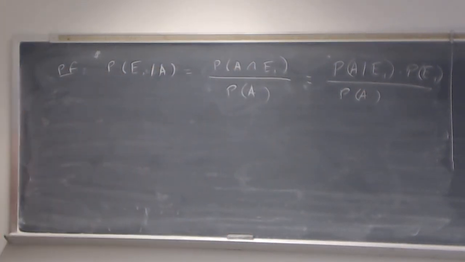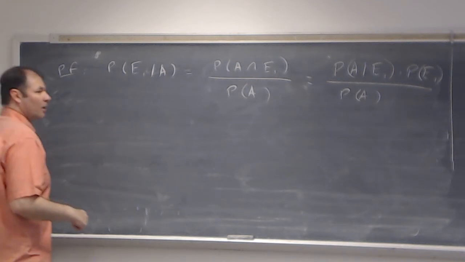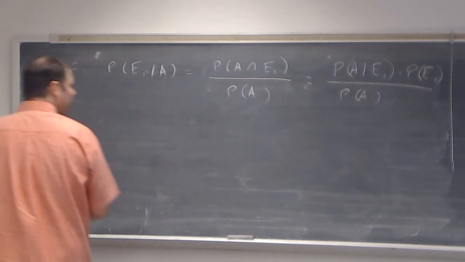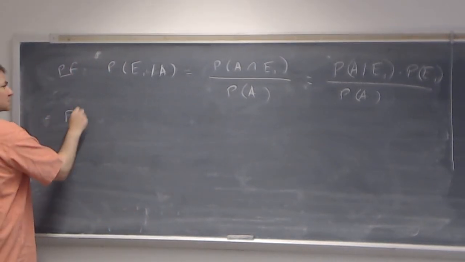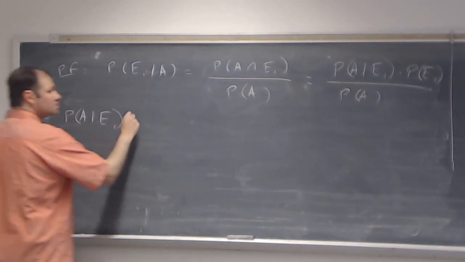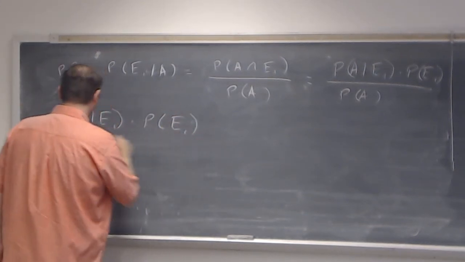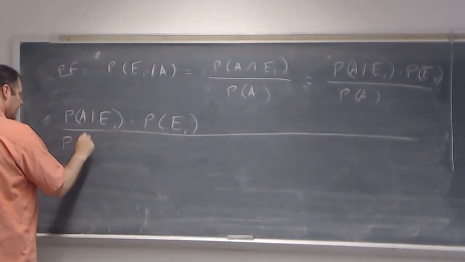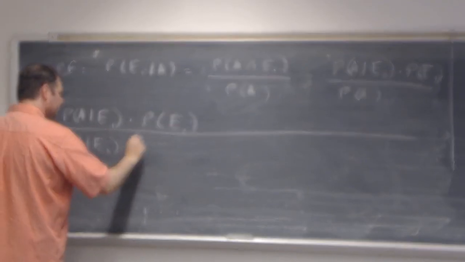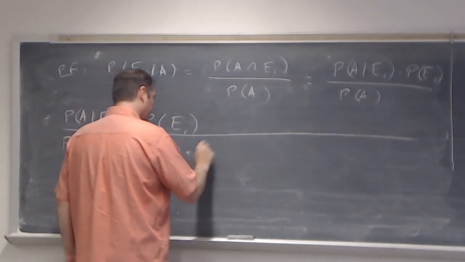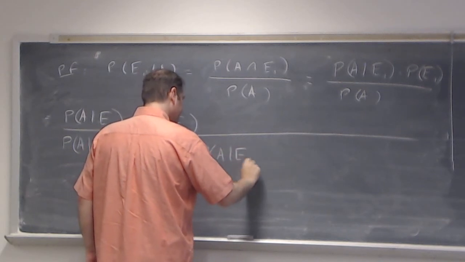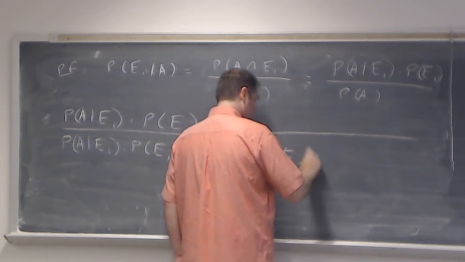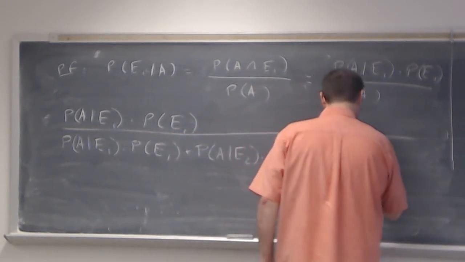But because the E1 through En are mutually exclusive and exhaustive sets, we can use the total law of probability for the probability of A. And so this is equal to the probability, the top stays the same, all over what the bottom becomes, by what we just did, the probability of A given E1 times the probability of E1 plus the probability of A given E2 times the probability of E2 plus, and we can continue on in this fashion using the total law of probability.